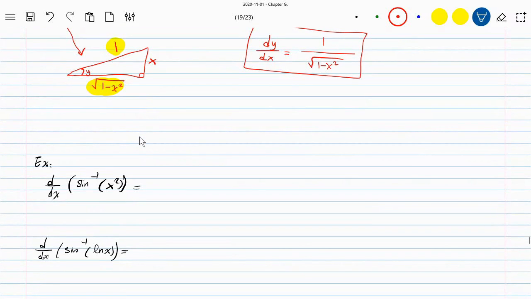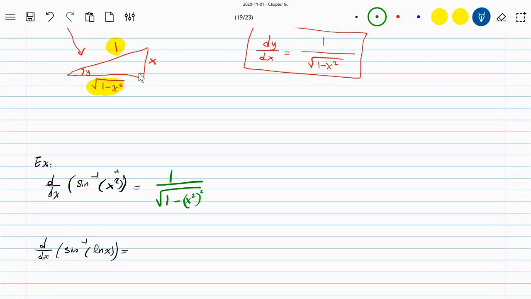So let's apply that to some examples. What would be the derivative of sine inverse of x squared? If instead of x, what if it was x squared? Again, this would be a chain rule. You assume that this is a u and apply the derivative to sine inverse of u. What would be the derivative? It would be 1 divided by square root of 1 minus u squared. In this case, u is x squared, so x squared squared.